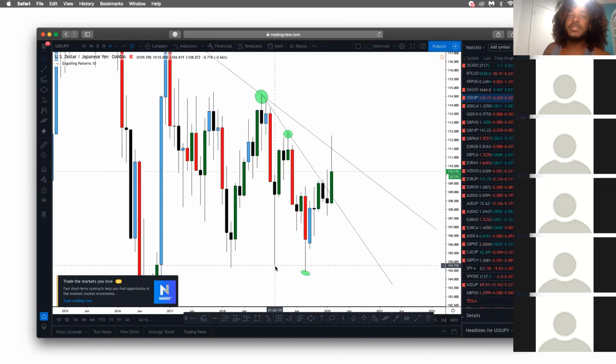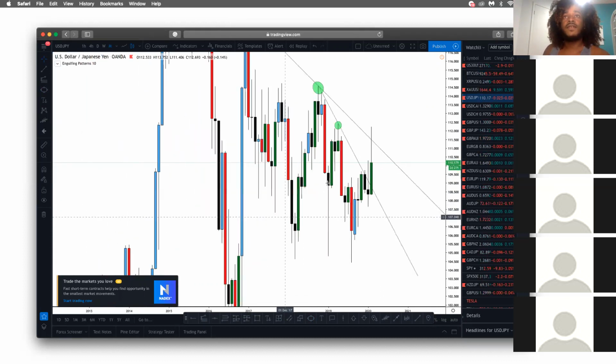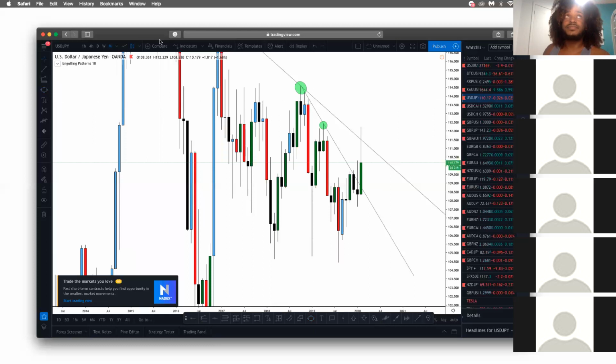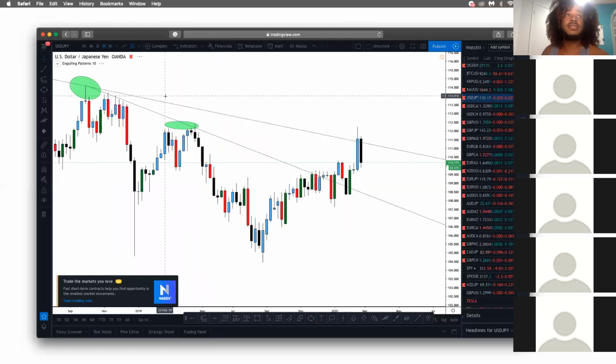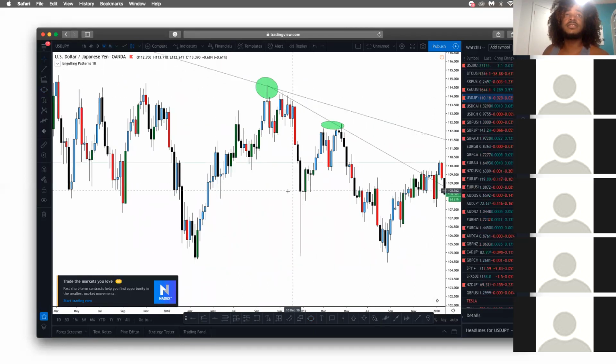But when I marked up this chart, I did not consider this candle because this candle just feels like manipulation. This is a very long wick for a monthly candlestick, right? This is not normal.